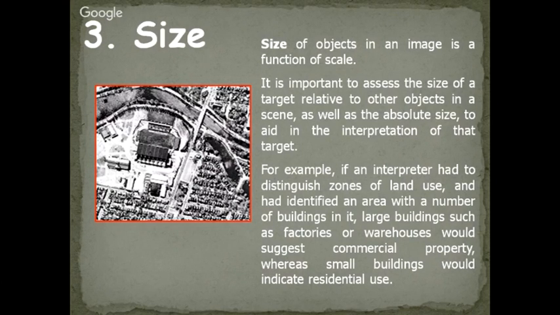For example, if we are seeing some buildings, just by looking at the size, we are able to identify whether that building is a house or some other building. So in all the institutional areas, the buildings are of bigger size, whereas the residential area buildings are of smaller size. So just by looking at the size of the surface, we are able to identify what kind of surface it could be.